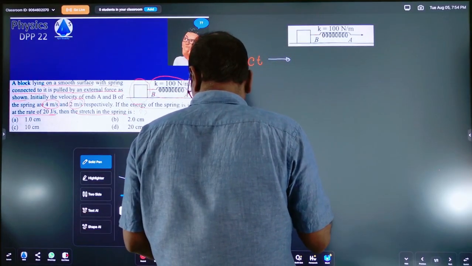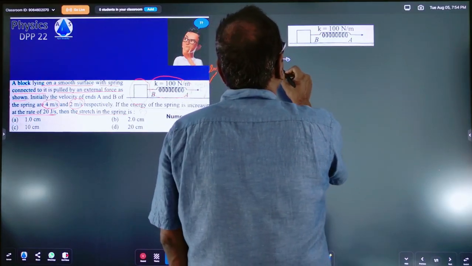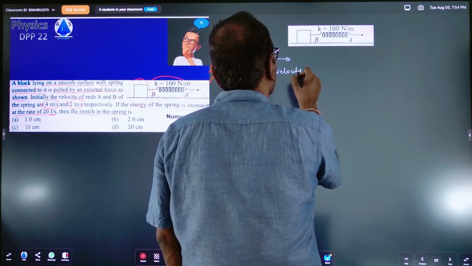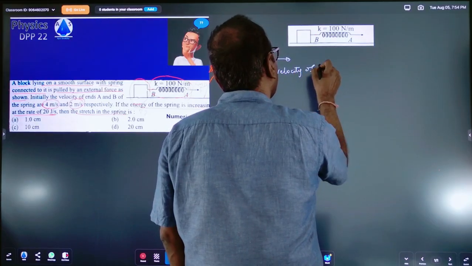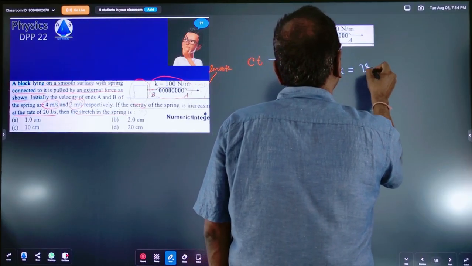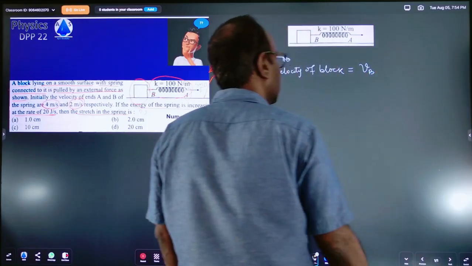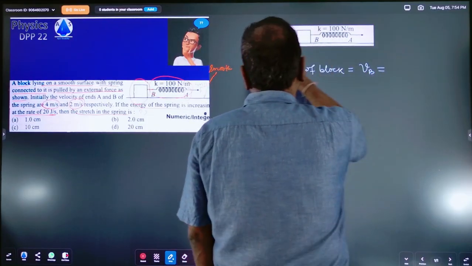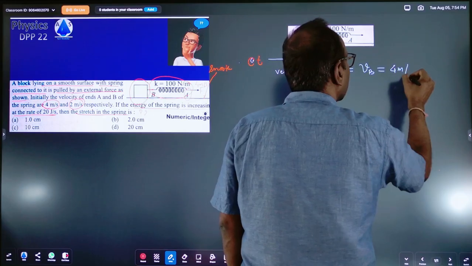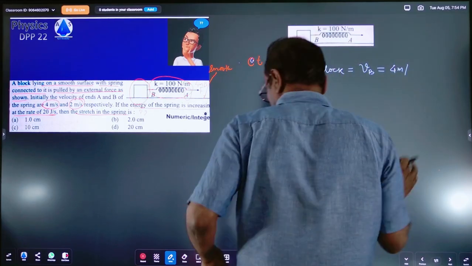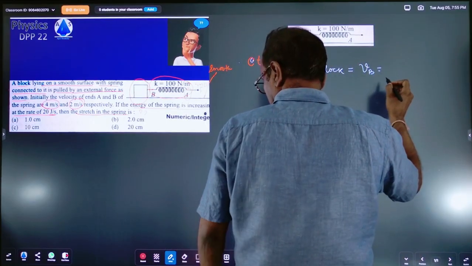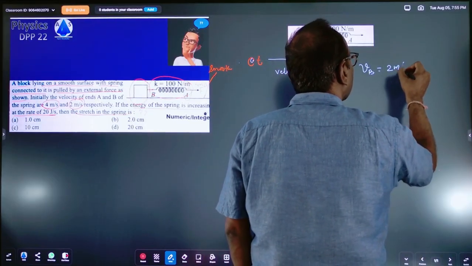Therefore, the velocity of the block will be equal to the velocity of point B. That is, at t, 2 meter per second, as per the question.